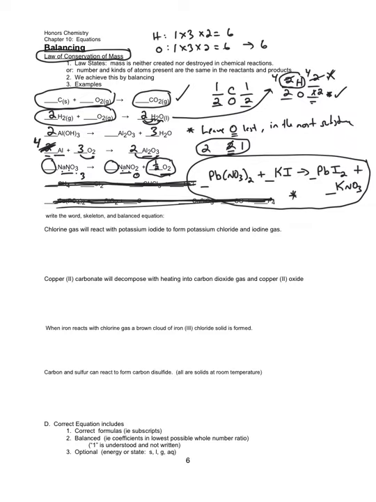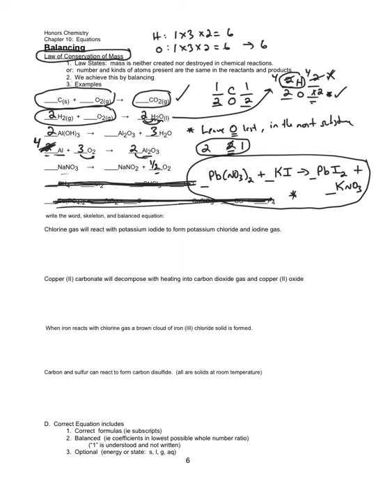It is okay to use fractions to start to balance the equation, but this is not the final answer because we can't have a fraction be the final answer. Once I've used the fraction of 1/2, what I can now do is come back and multiply the entire reaction by a coefficient to still balance the equation but get into the lowest whole number ratio.